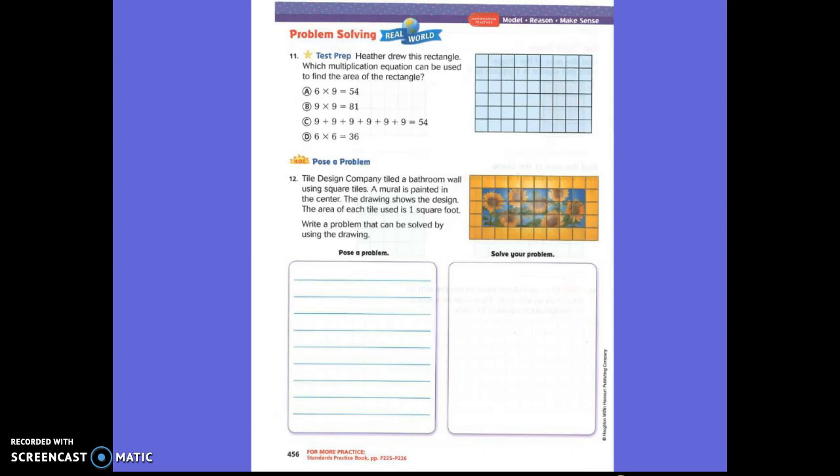What are you trying to find? You would say, what's the multiplication equation for the area of the mural? Sure, you could say that.